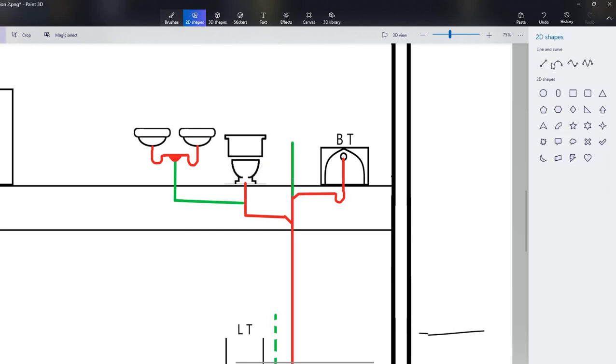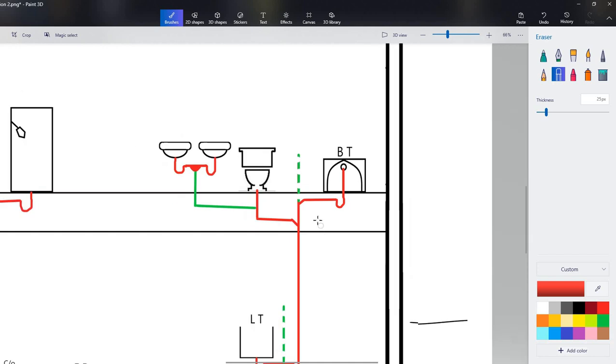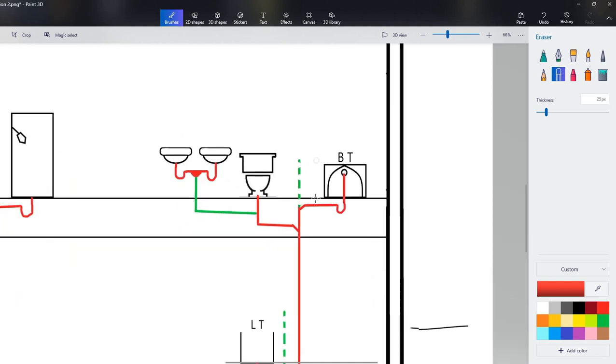And there you go. Let's make sure that we know it's a vent by adding in dashed lines. So there is no need to back vent this bathtub because it's the highest fixture connected to the stack and it turns into a vent right there. So this technically is being stack vented off of the stack.